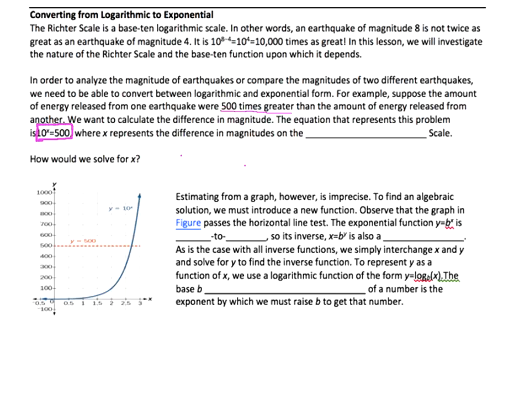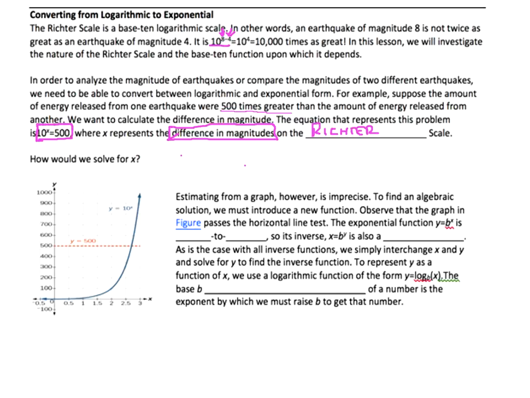So x represents the difference in magnitude, just like we did here, where we subtracted magnitude 4 from magnitude 8. So the difference in magnitudes on the Richter scale.